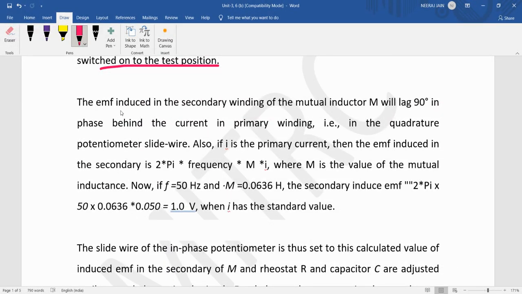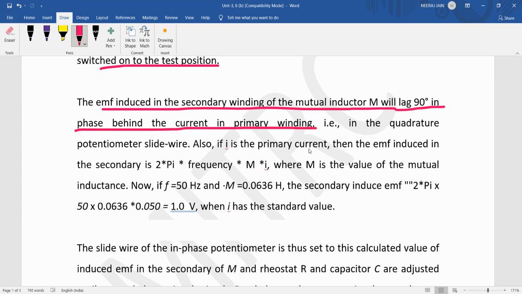The EMF induced in the secondary winding of the mutual inductor M will lag 90 degrees in phase behind the current in the primary winding. The EMF induced in the secondary winding stays at a 90 degree phase shift, meaning the quadrature potentiometer slide wire.